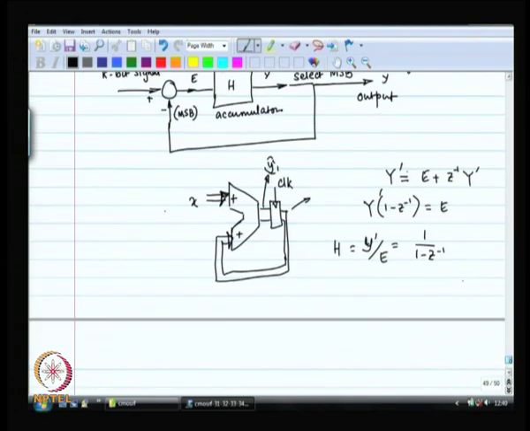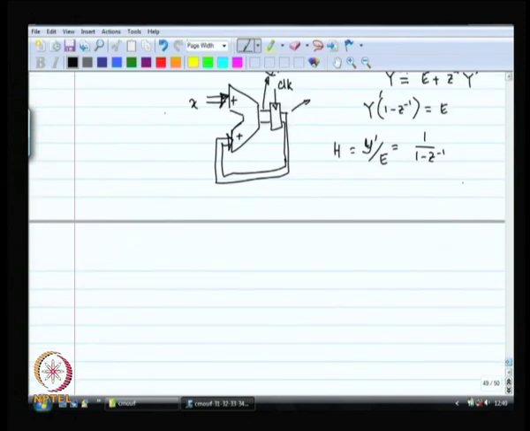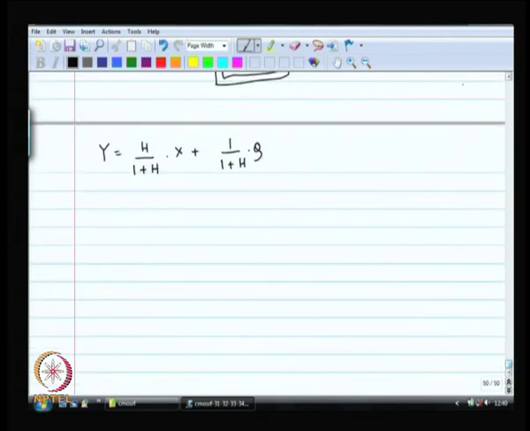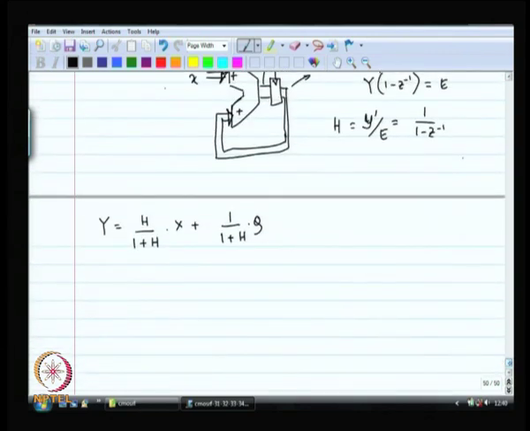Okay. Now, y I know is equal to h by 1 plus h times x plus 1 by 1 plus h times q, and h is either 1 by 1 minus z inverse or z inverse by 1 minus z inverse.